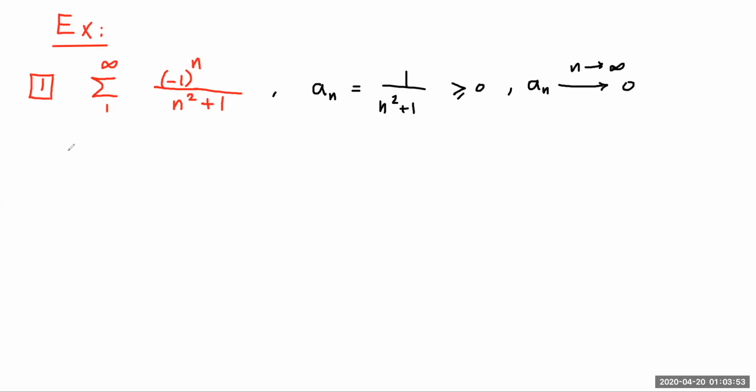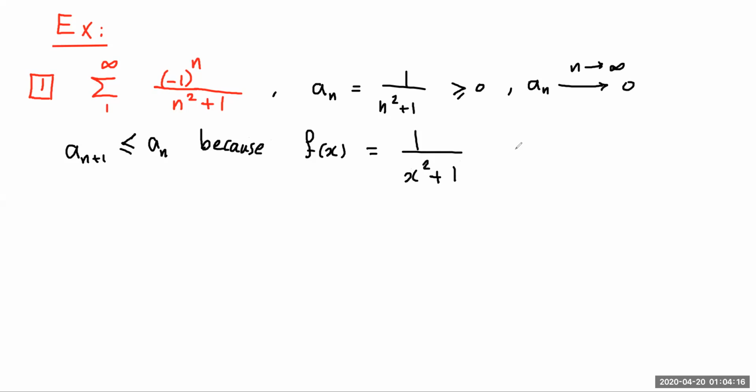Why is an plus 1 less than or equal to an, that is, why is an decreasing? Because if I take the function f(x) equals 1 over x power 2 plus 1, this is decreasing. And why is this decreasing?